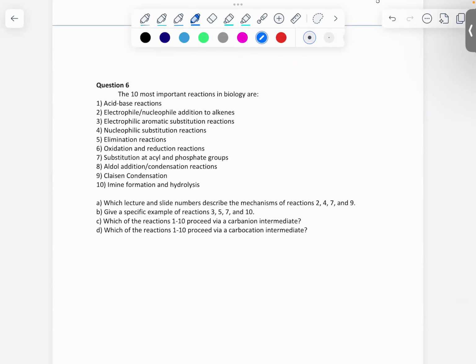With question 6, it required looking back at some of the lecture slides. So you have specifically looking at reactions 2, 4, 7, and 9, Claisen condensations, substitution in acyl groups, nucleophilic substitution, and additions to alkenes.